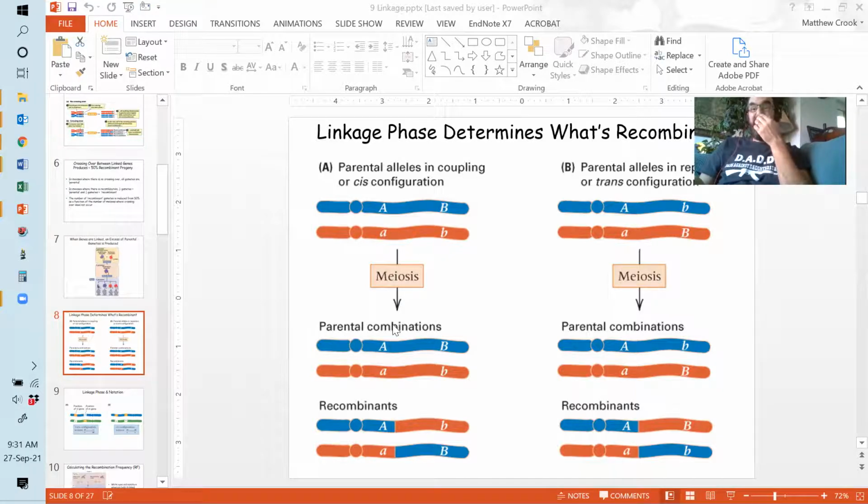And so cis linkage: both dominant alleles are on the same chromosome, and both recessive alleles are on the same chromosome. So same allele type on the same chromosome.